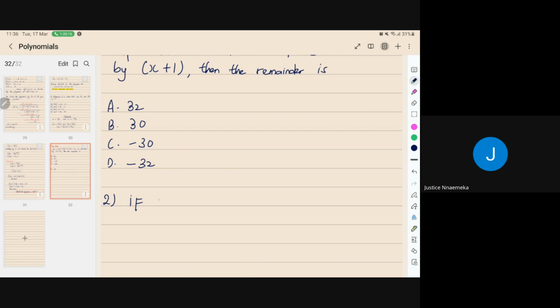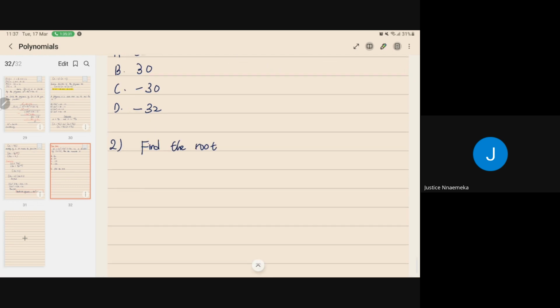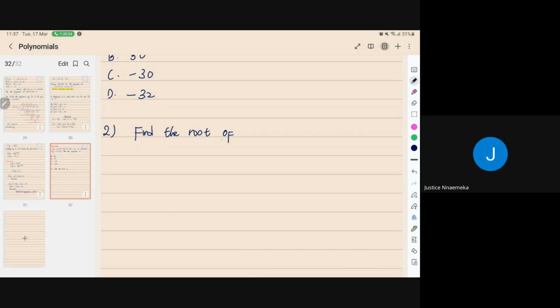So find the roots for the second one. All right, so get your hands dirty on this.